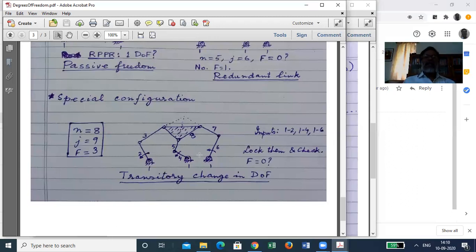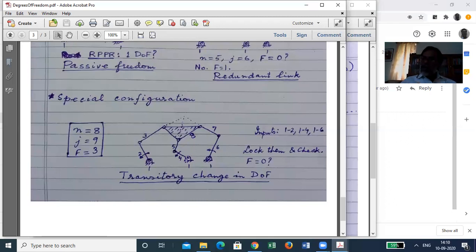In another configuration, in which this link, this link and this link become parallel, the platform can execute linear motion in a particular direction even without any motion of the inputs. That is also possible. So there is again another transitory gain in degree of freedom.